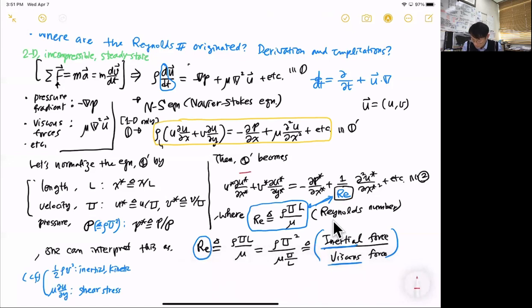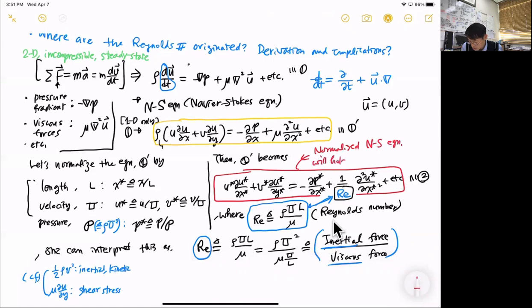This interpretation means that the normalized Navier-Stokes equation will hold for the same Reynolds number. What can we use it for?